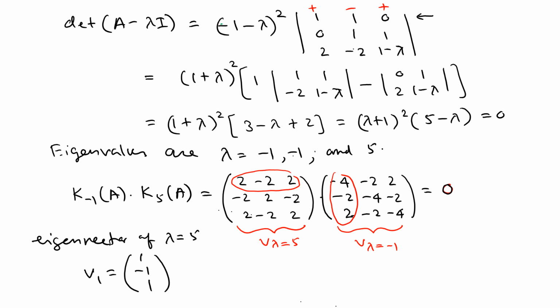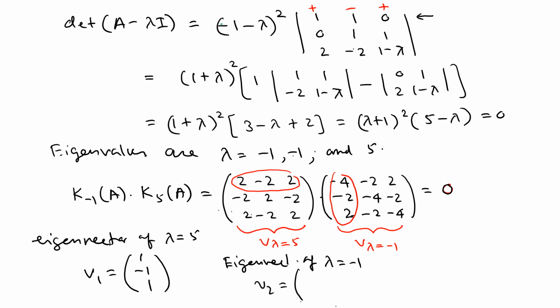And for the second one, we can do the same thing, but you need 2 eigenvectors. That means just pick 2 columns, or even after scaling. So I'm going to write here the eigenvectors of lambda equal -1. So it is V2.